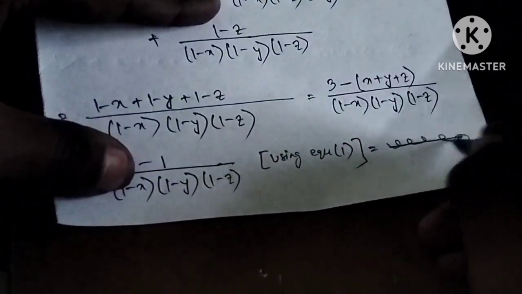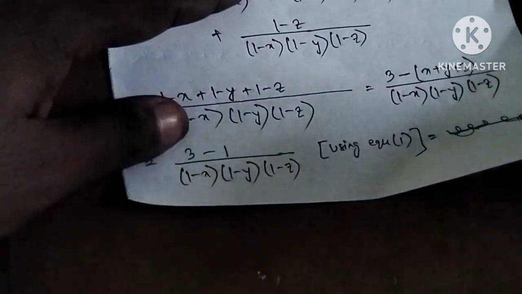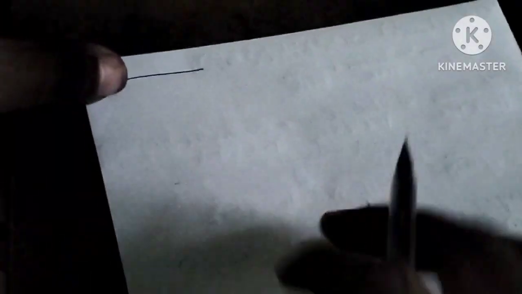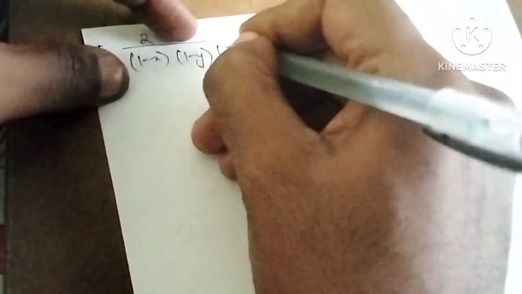We'll shift to next page, which is equal to 3 minus 1 is equal to 2, so 2 by 1 minus x, 1 minus y, 1 minus z.